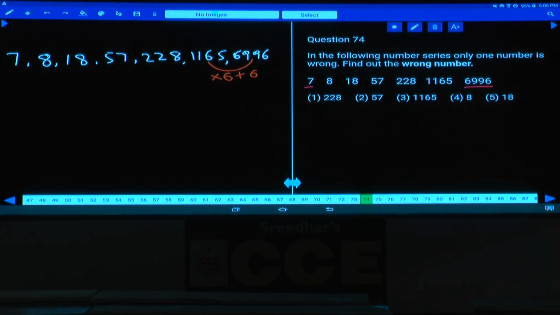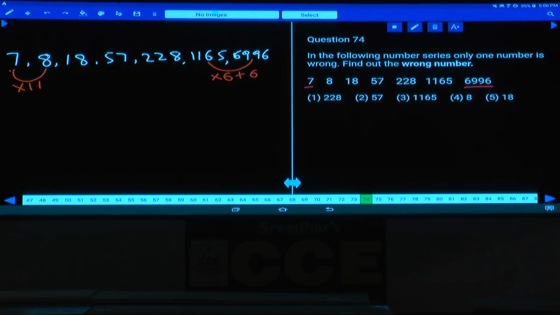Then 228 into how much will be? It must be into 5, isn't it? 228 into 5 will be 1140, but as here 1165, that is 25 more, isn't it?